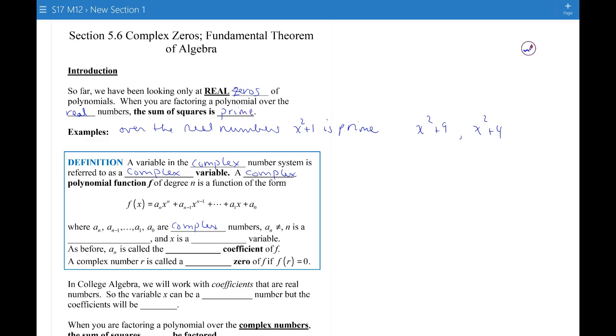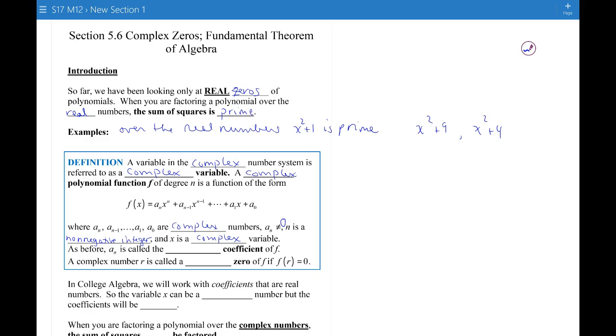The a sub n has to not equal 0, or your degree is lower. And n is a non-negative integer. So remember, the powers have to be integers and positive. And x is a complex variable.